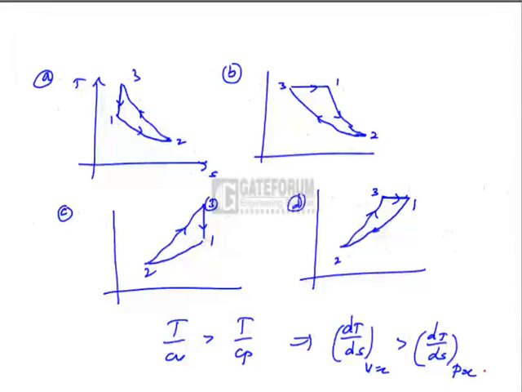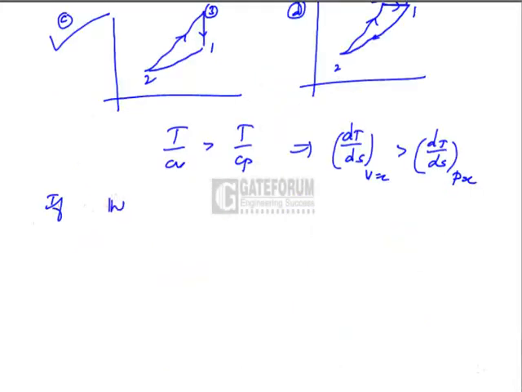So C and D both could be the answers, but at the same time, if you look at the 3 to 1 process, which is an isentropic expansion, that isentropic process should be shown as the vertical line because the temperature should decrease in the isentropic expansion. The final answer is C.